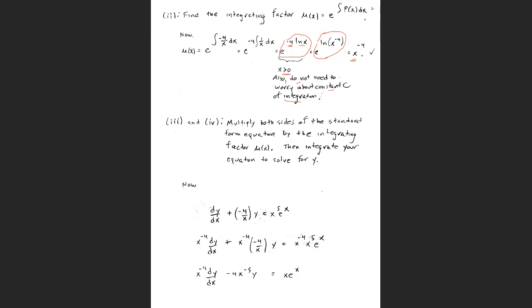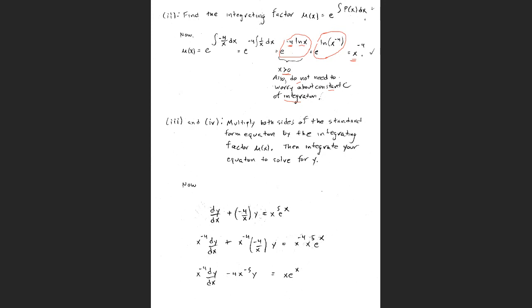Yes, Professor, if you can go through the integral that you did. Let me see. So we're taking the integral of the coefficient of y. Am I right? That is correct. That's absolutely right.